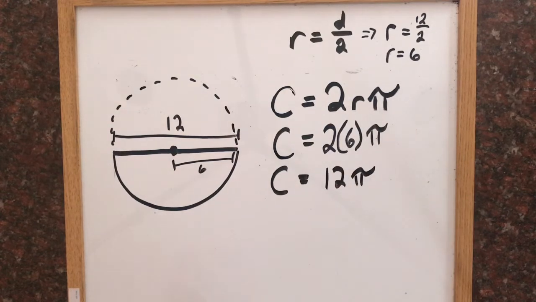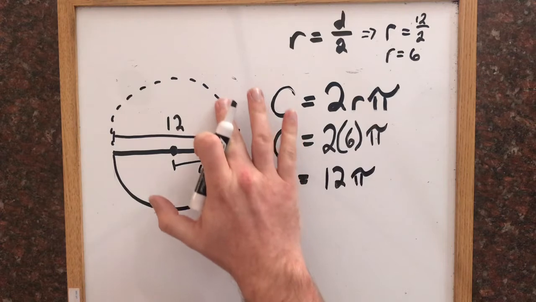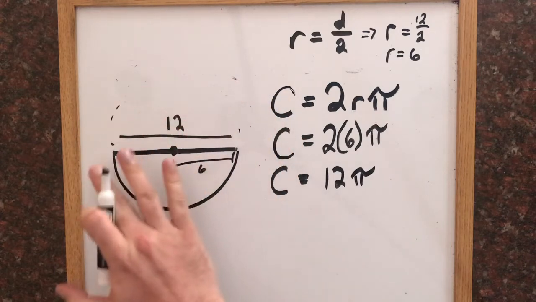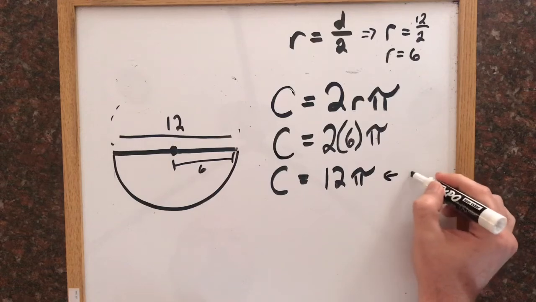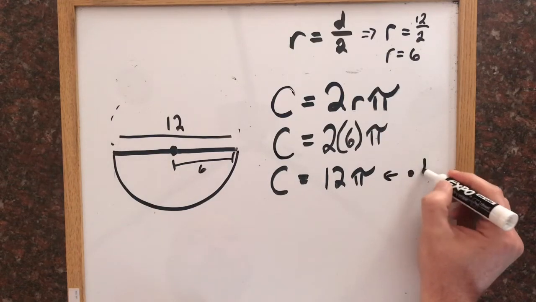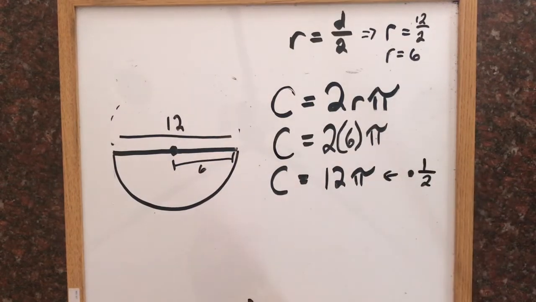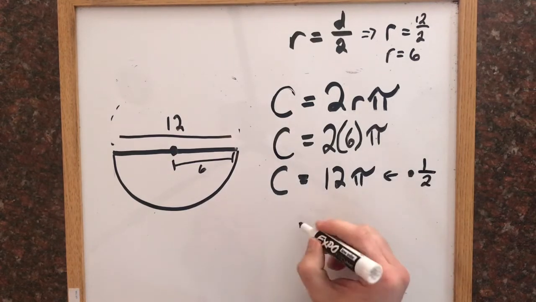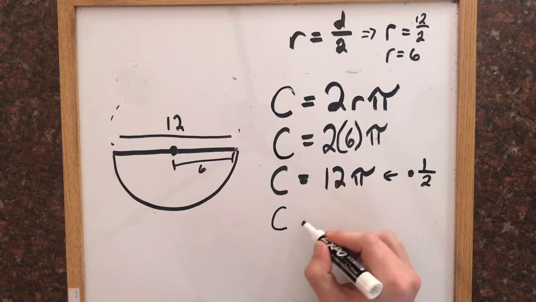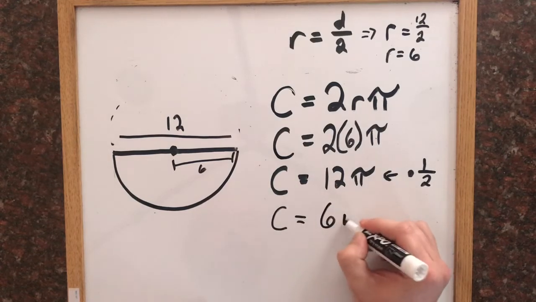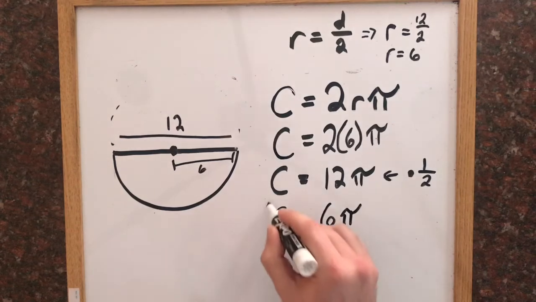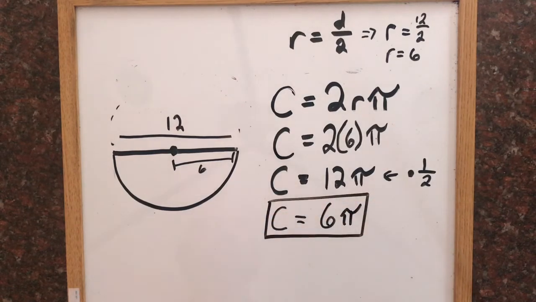So now what we want to do is consider the fact that this is not a full circle, it's only half a circle. So once we get to this step, we're going to take this number and multiply it by the fraction of the circle that we have. In this case, 1/2. 12 times 1/2, or 12 divided by 2, gives us 6. So the circumference of the arc, or the distance of the arc, is 6 pi. Plug that answer in, and you will be all set.